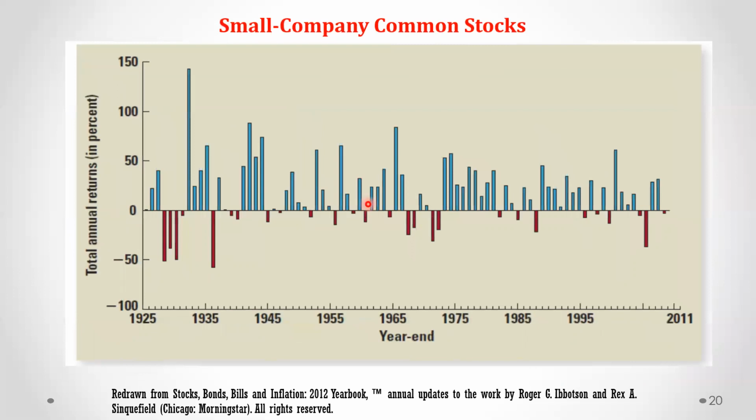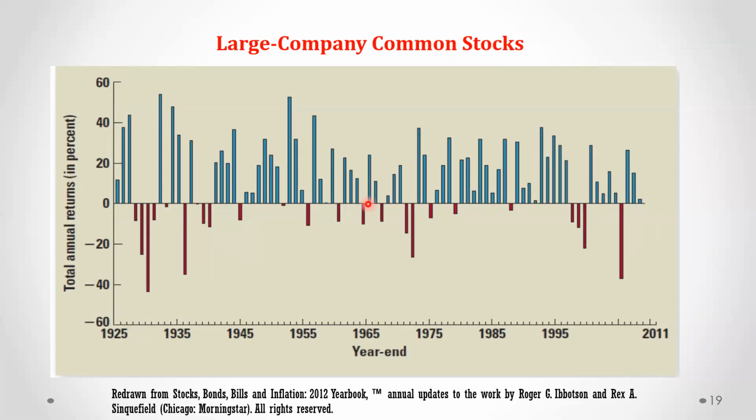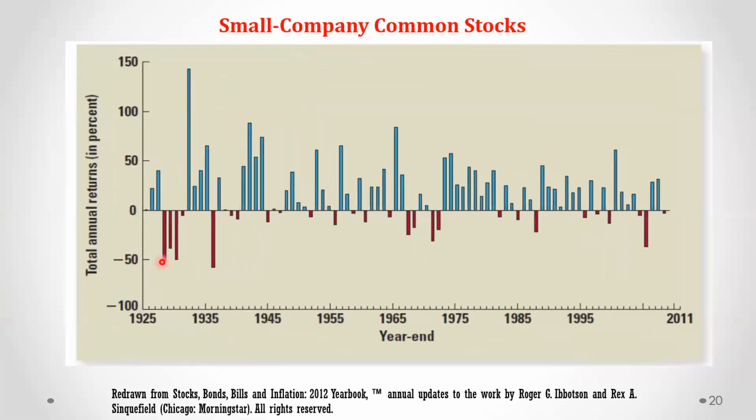And the final figure is about the small companies' stock return. If you compare the large and small company stock, you can see the up and down. Small company is more risky because the worst for large company is minus 40%, but the worst for small company can be minus 50%, and the best can be 150%.